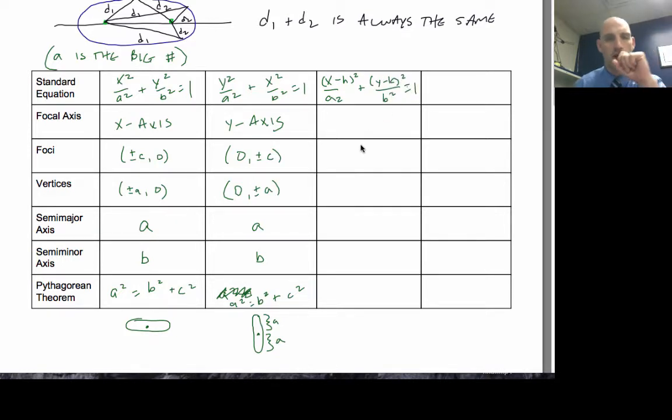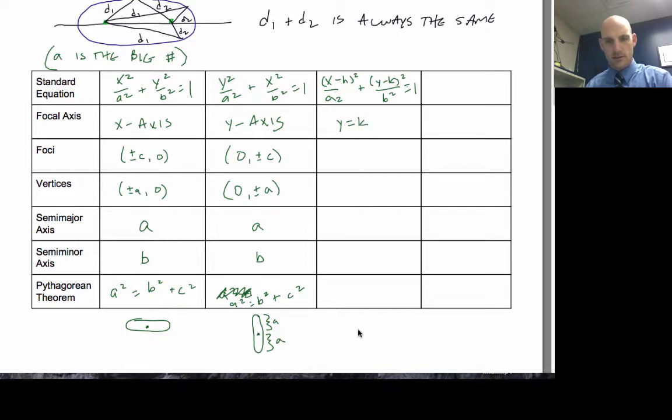Still equal to 1. Well, what's my focal axis? In this case, it's still going to be my x-axis, right? But I've got to move it. So if my x-axis is here, right? So then I've got to move it. It's going to be y is equal to k.